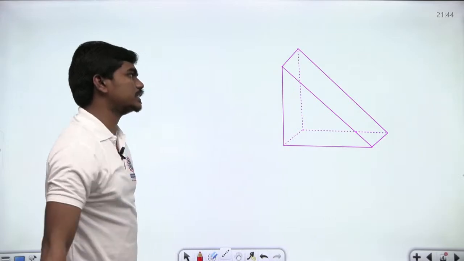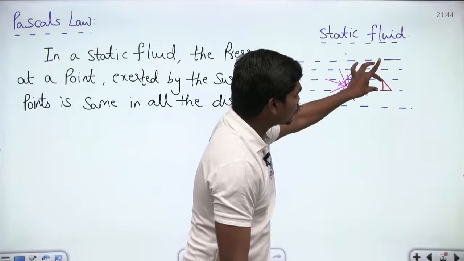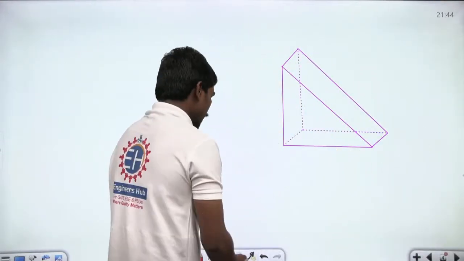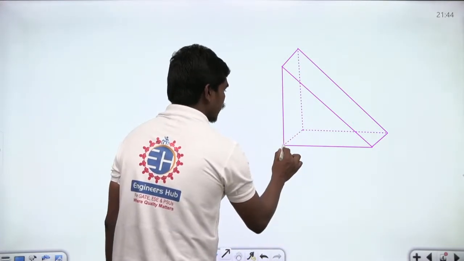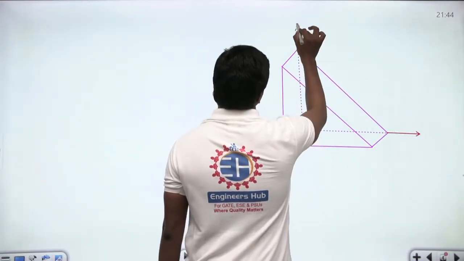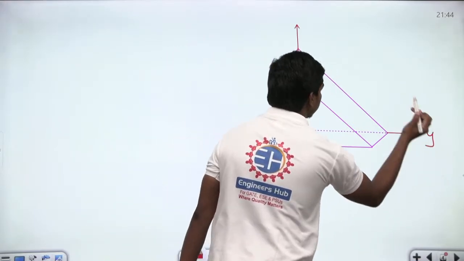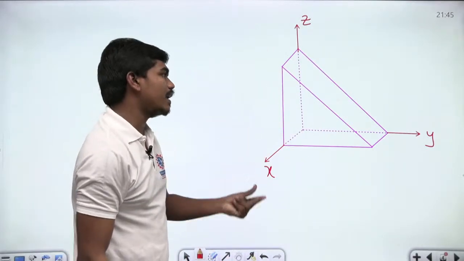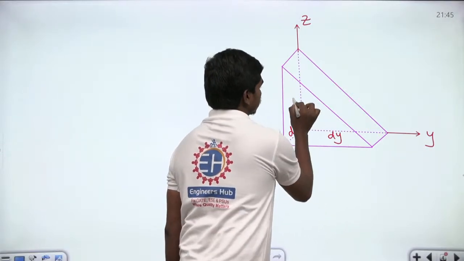Let us suppose this is a triangular prism, and this prism is a minute fluid element which I have taken here, and what I have drawn on this page is an exaggeration of that. Now let us take a right-handed coordinate system, with x-axis, y-axis and z-axis. Let us suppose this is your x, this is your y and this is your z. And let us suppose this fluidic prism has some finite dimensions: dx, dy and dz.